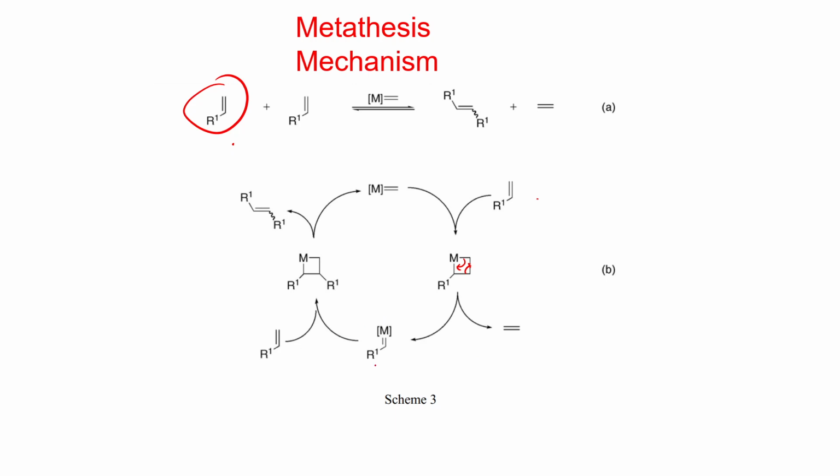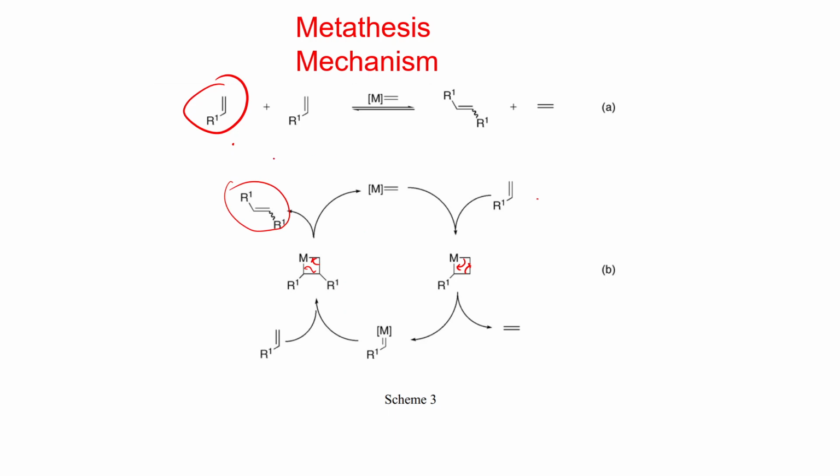After that, this part can again react with another unit of your alkene, generating an intermediate followed by alkene. This would lead to the formation of this unit. So it got recycled back, and that catalytic cycle can continue like this.